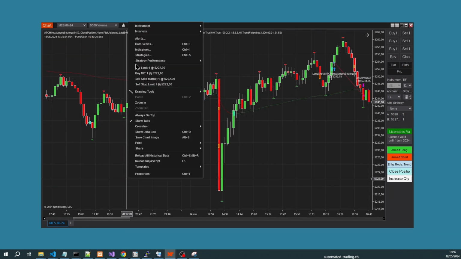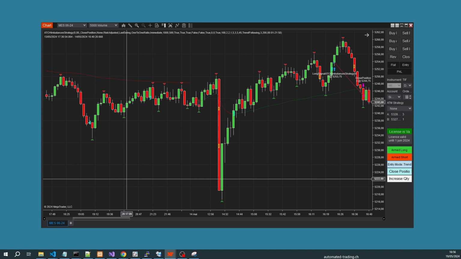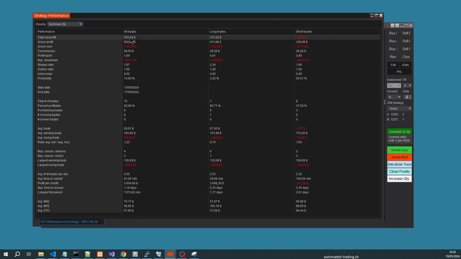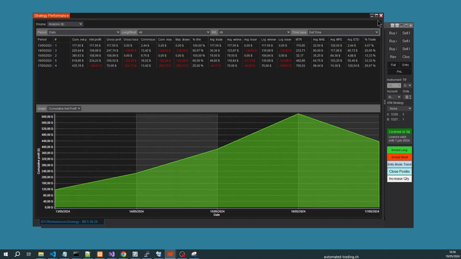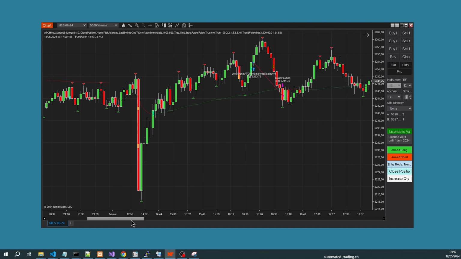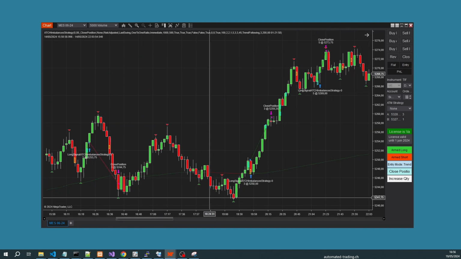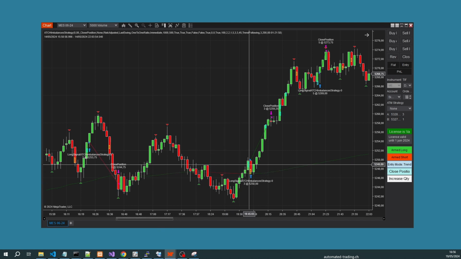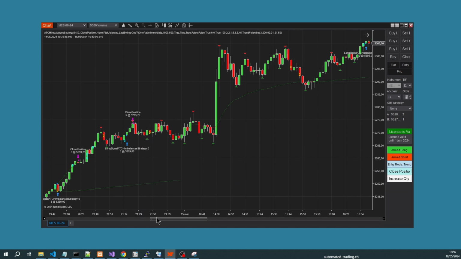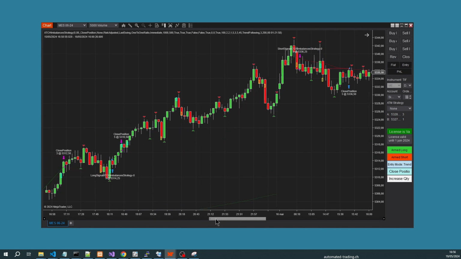Let me check the performance here. Okay, so here we have a slightly worse performance because we selected the immediate entry mode. So as you can see, whenever we have a stacked imbalance on a candle, we enter immediately if we are above or below the VWAP.